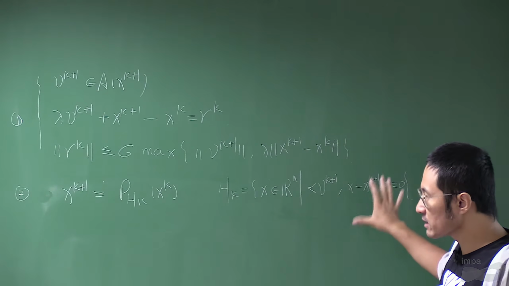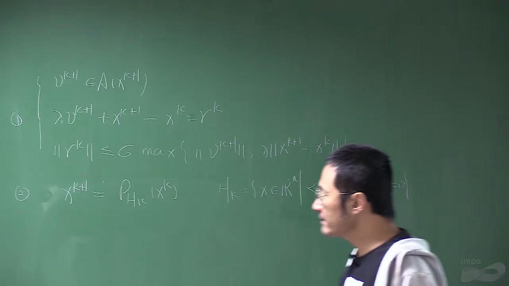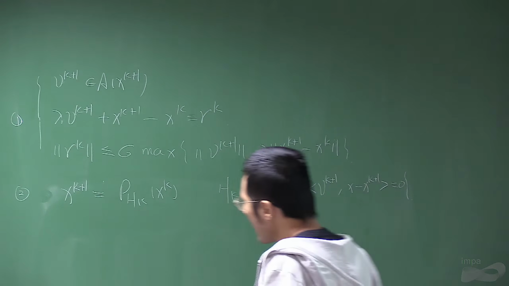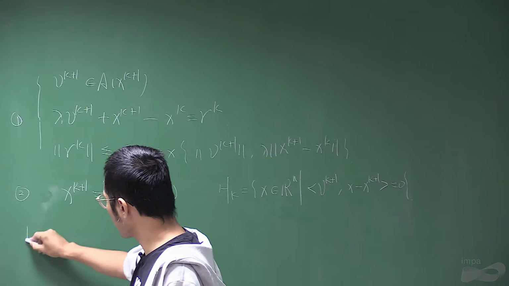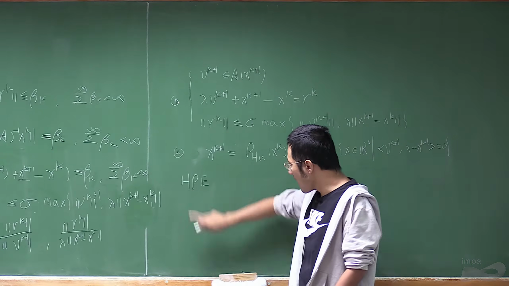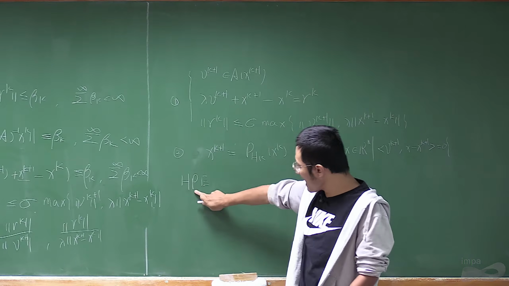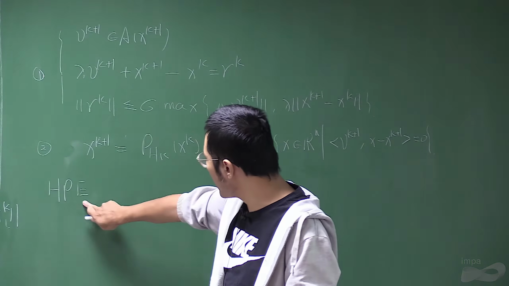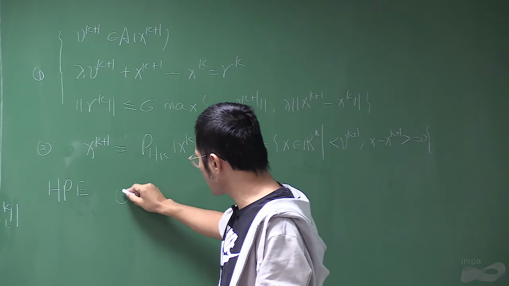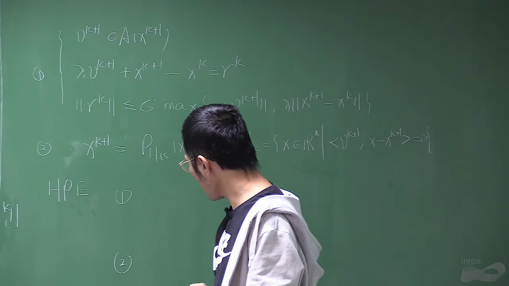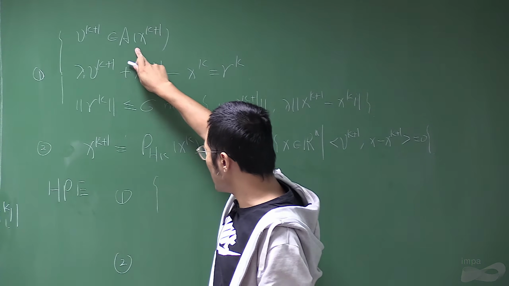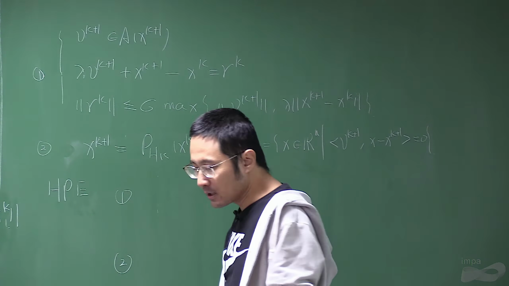So we have the analysis that these algorithms converge, and next is what we call the HPE, which is the hybrid proximal extragradient method. It's also based on this system. It also has two steps. The first step is also to solve this system, but with a difference.